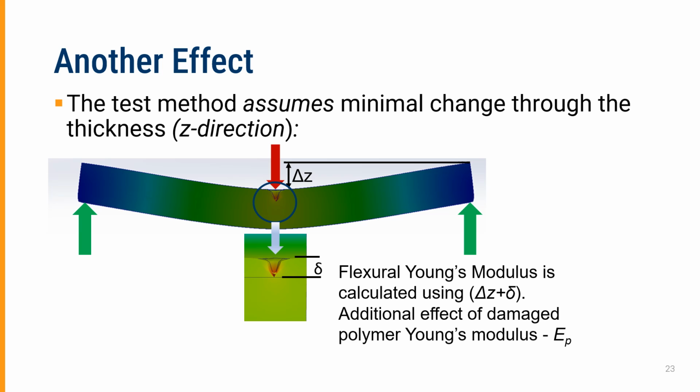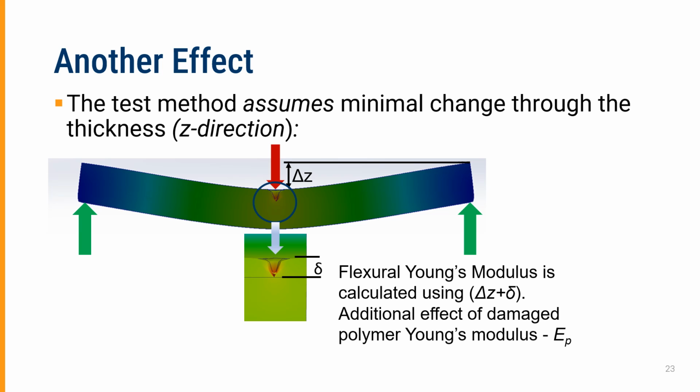But in fact, we've built a model here where we have applied that 3-point bending load to the midpoint, and you can see we actually get a deformation. Now this is a slightly extreme example because we have a small load application area, but you see how we have this deformation area delta, which is added to delta Z.